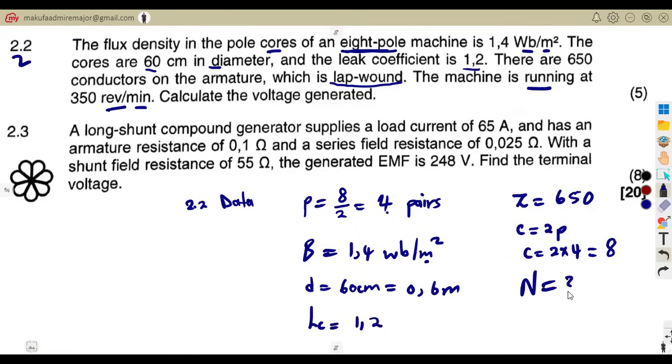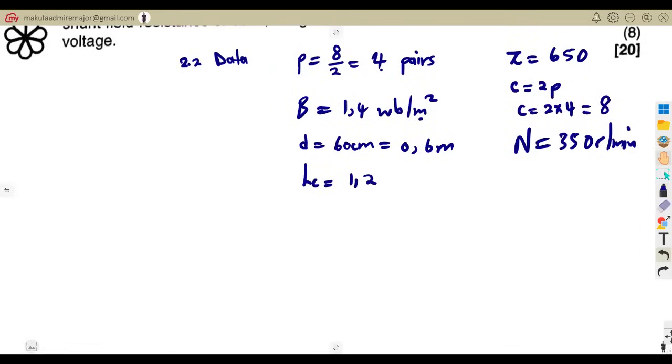Speed, revs per minute. And what else do we calculate? The generated EMF, which is E. With this information that we are given, guys, the only formula that we can think about is just for a DC machine. You don't even know if it's a motor or a generator, it's just a DC machine.